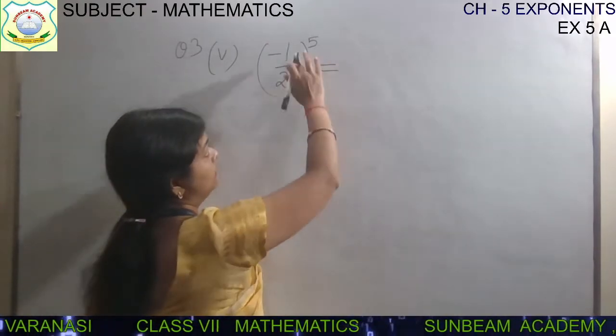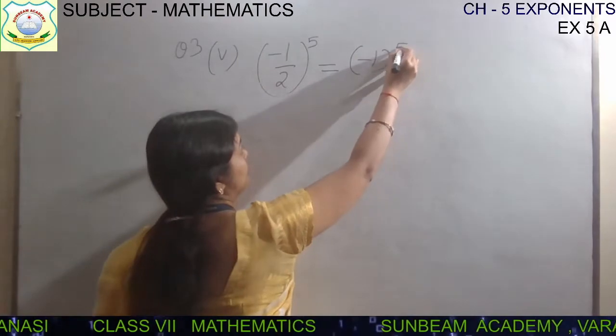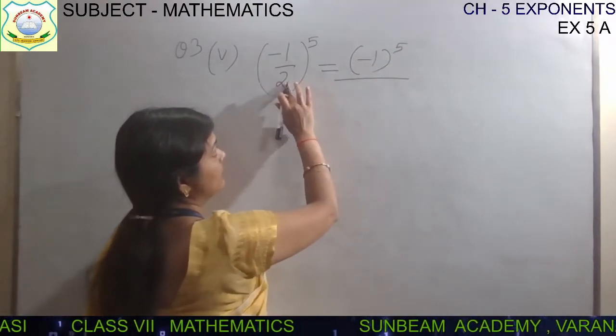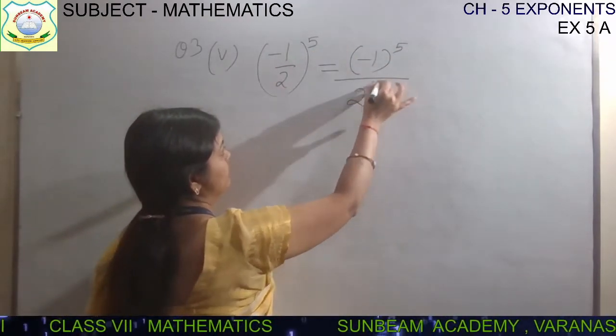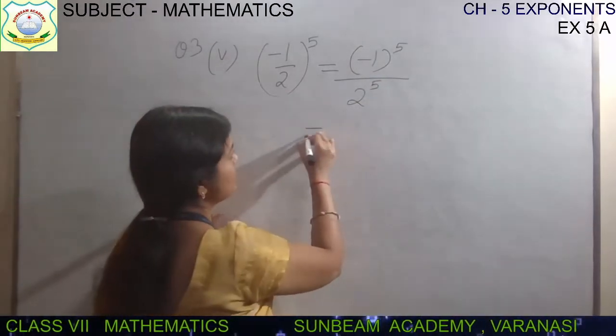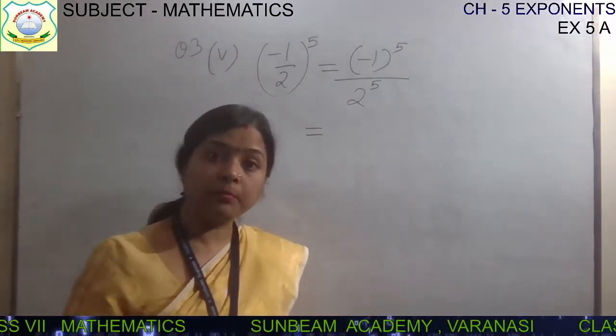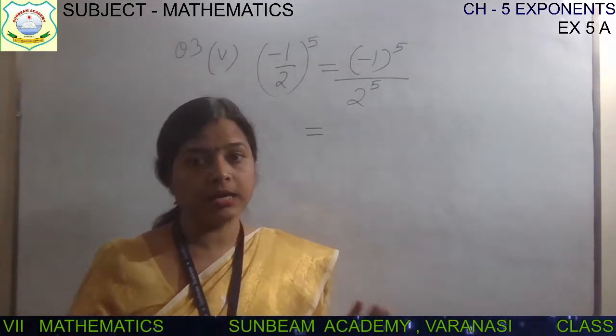Okay, what we will do. First segregate. Numerator is minus 1 to the power 5 divided by denominator is 2 to the power 5. First of all segregate. Minus 1 to the power 5, children. Minus 1 will multiply with minus 1 5 times.